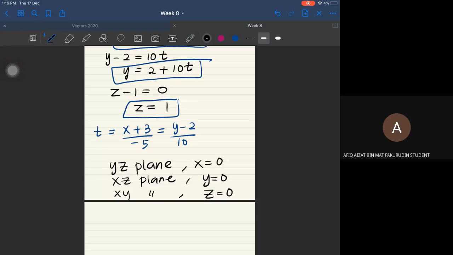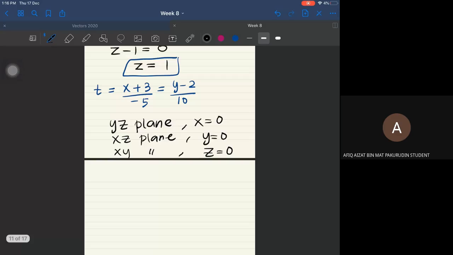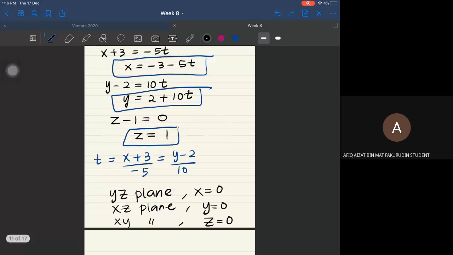Okay, so sekarang ni kita punya ni YZ plane, X is equals to 0. So tadi kita ada, saya nak guna yang ni mudah sikit, mudah nampak kan. So X sama dengan negatif 3 tolak 5T.